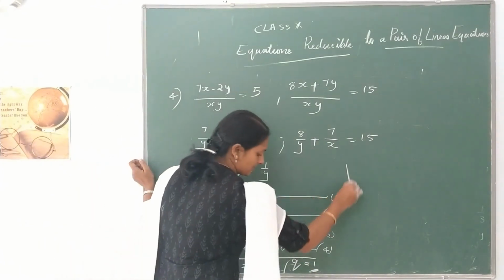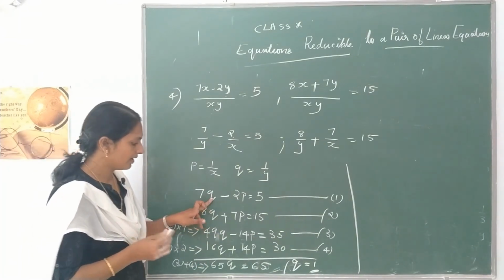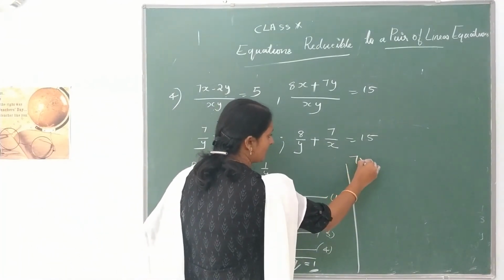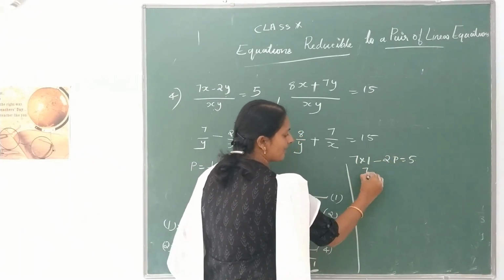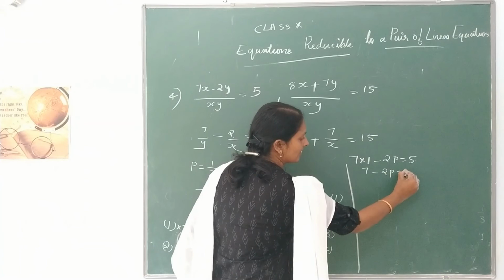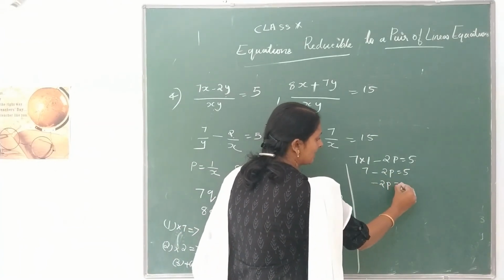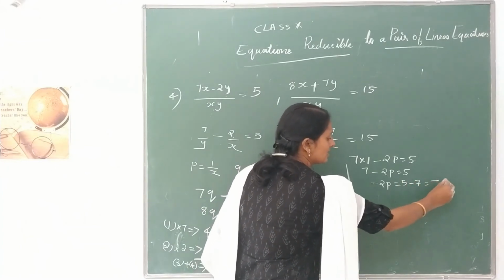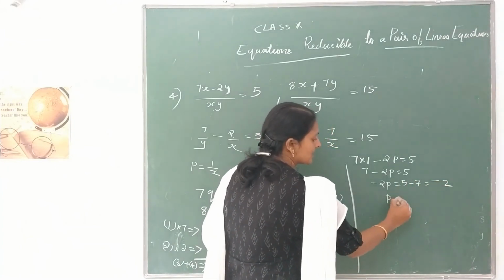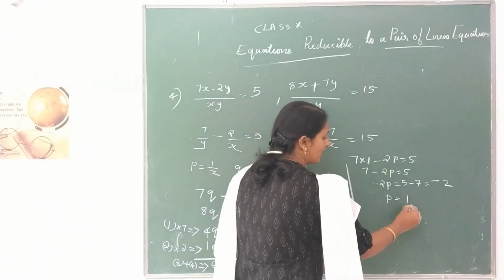Then substitute this q in equation number 1, that is 7 into 1 minus 2p is equal to 5, that is 7 minus 2p is equal to 5, that is minus 2p is equal to 5 minus 7, that is equal to minus 2. Then p is minus 2 divided by minus 2, that is equal to 1.